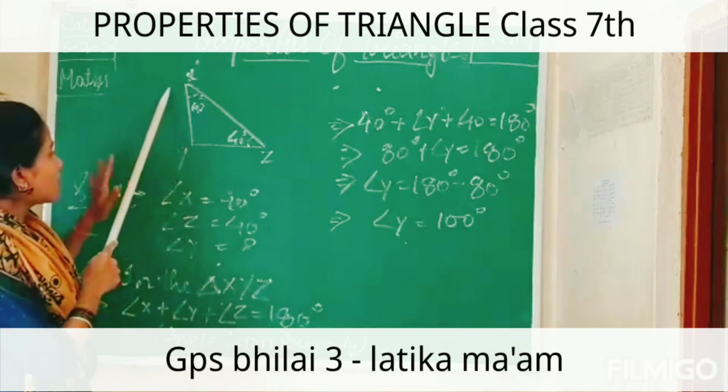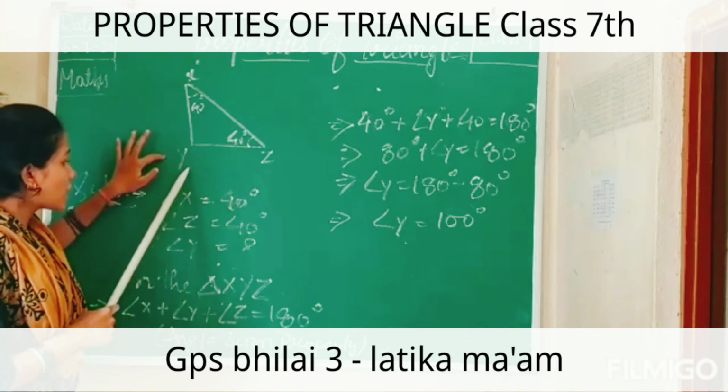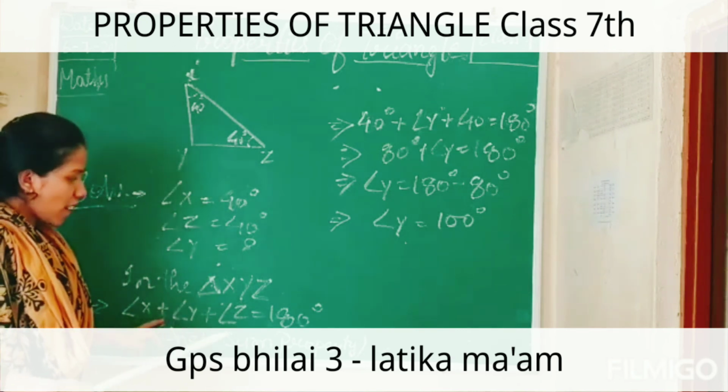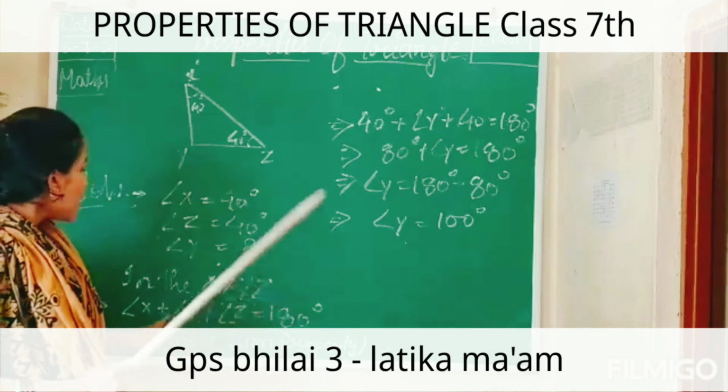In this question, you can see that angle x is equal to 40 degrees, angle z is equal to 40 degrees, and we have to find angle y. In triangle XYZ, angle x plus angle y plus angle z is equal to 180 degrees. This is the angle sum property.